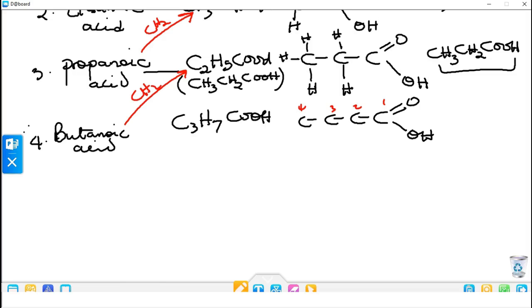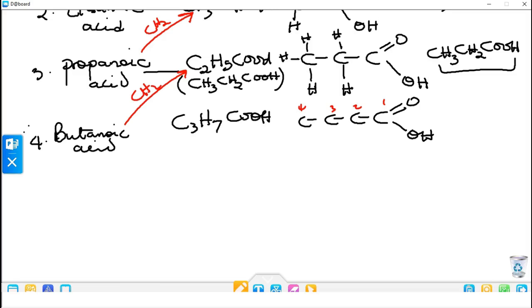So it means that the first carbon atom is complete with 4 bonds. 2 from oxygen, 1 from OH, 1 bond from carbon 2. The carbon 2, the second carbon atom, is having 2 bonds. 1 from carbon 1 and 1 from carbon 3. Carbon 3 itself is having 2 bonds. 1 from carbon 2, 1 from carbon 4.